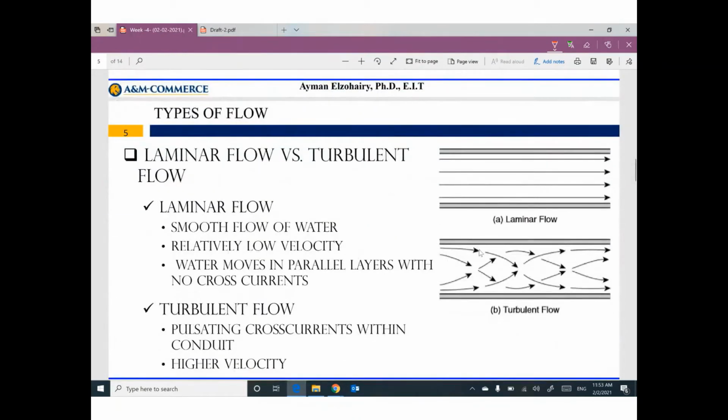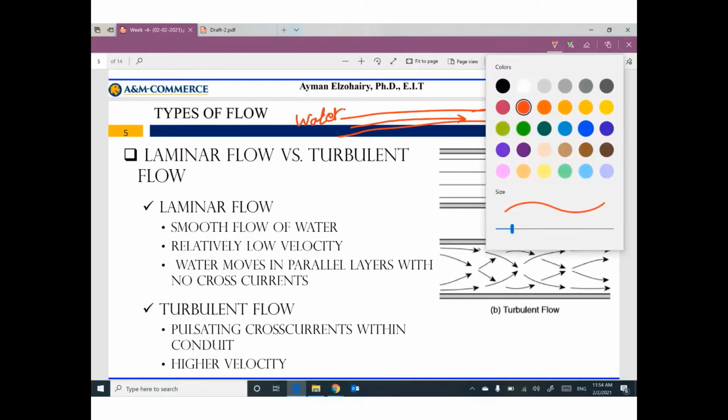The second point, we have two different types of flow. If you have a hose of water and the water is flowing through this hose, we can expect two types, actually three types of flow, but mainly two types.